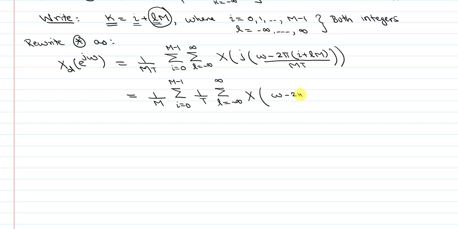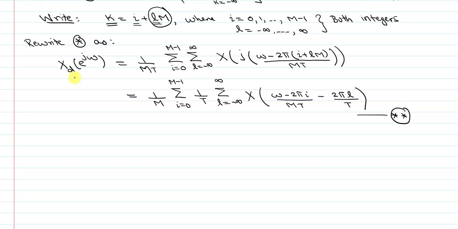I'm going to write that as 2π i over MT, minus 2π l, where M will cancel and I am left with T. This is the next expression that I have, and I'm going to call that double star.